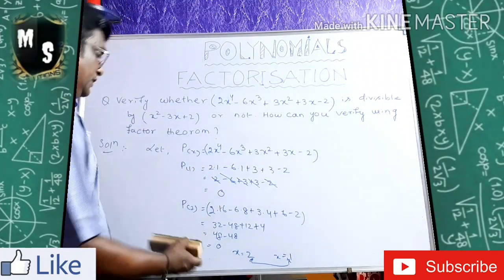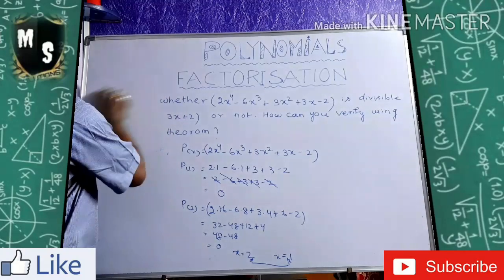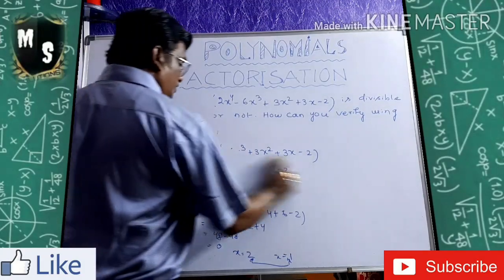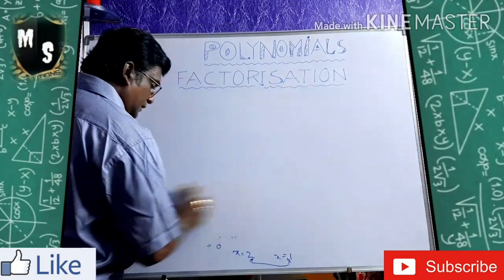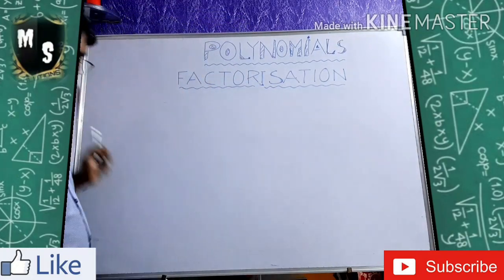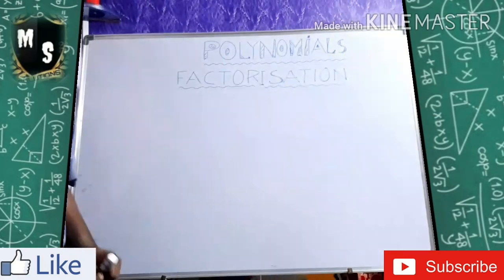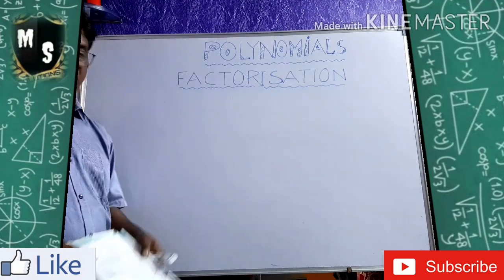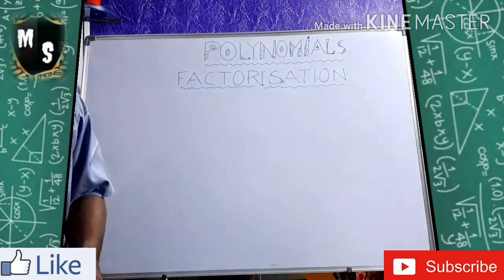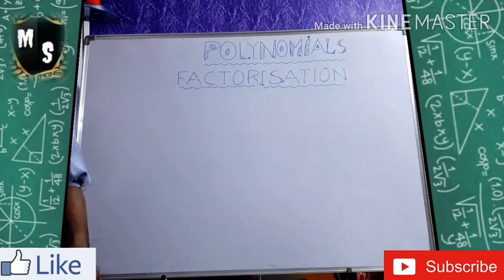Next part, you see. Another question I want to do with you. The next part is a cubic polynomial for you. That is page number 47, example number 17.